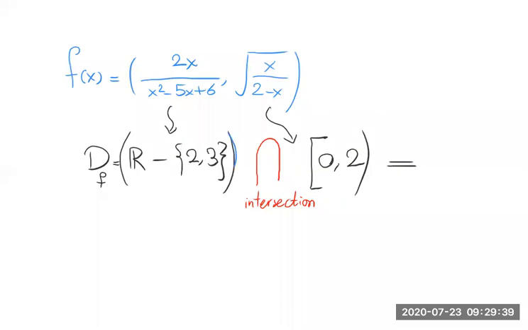And it shouldn't contain 2 and 3, which it doesn't. 2 and 3 are not in this set. So the answer is 0 to 2. And that's the domain of this function. Any question?